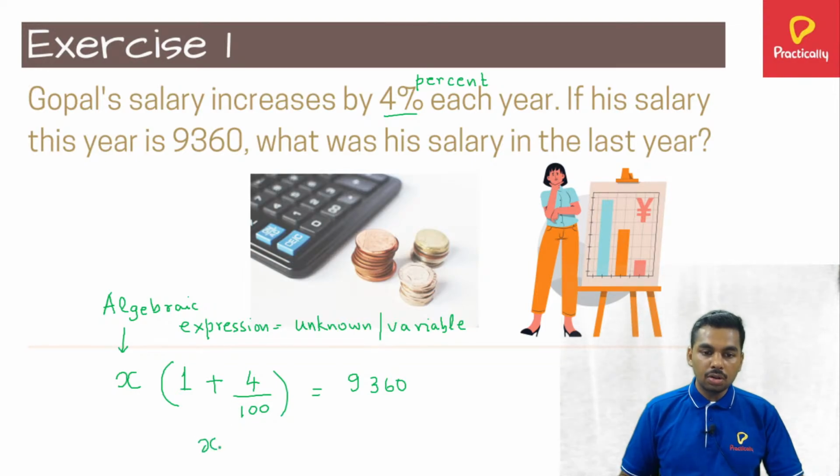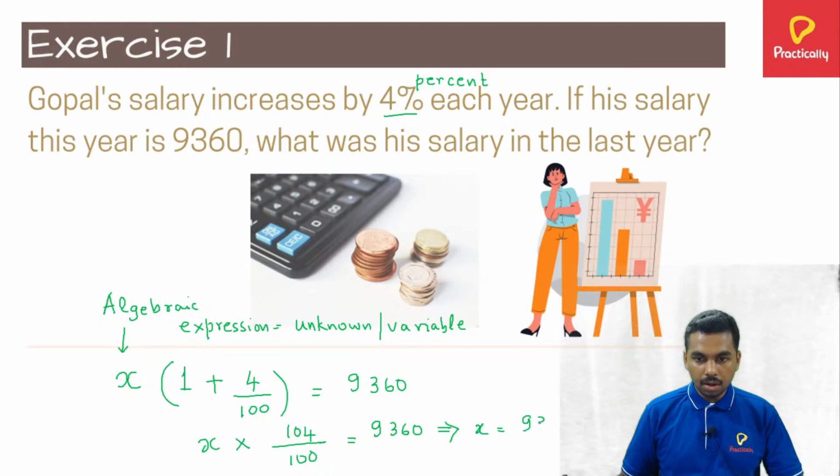Now you can easily solve the problem. Take the LCM here. The LCM is 100. 100 plus 4 is 104, you cross multiply, with the LCM 100, and this is equal to 9360. This would imply that X equals 9360 into 100 divided by 104.